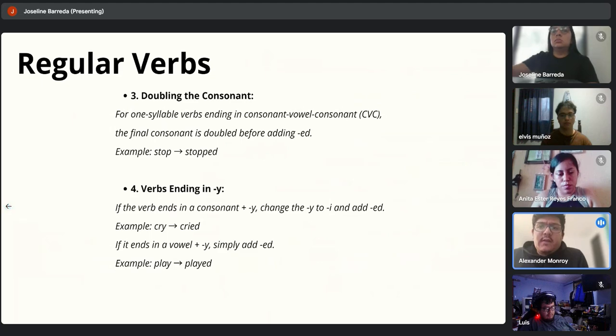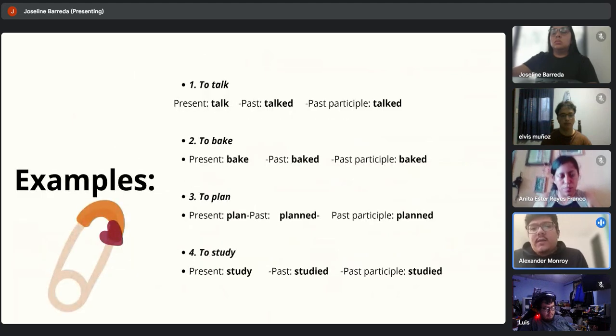If it ends in a vowel, simply add -ed. Example again: play, played. And we have other examples: talk, bake, plan, and study. Talk, talked. Bake, in the past is baked. Plan is planned. And the last one, study, studied.